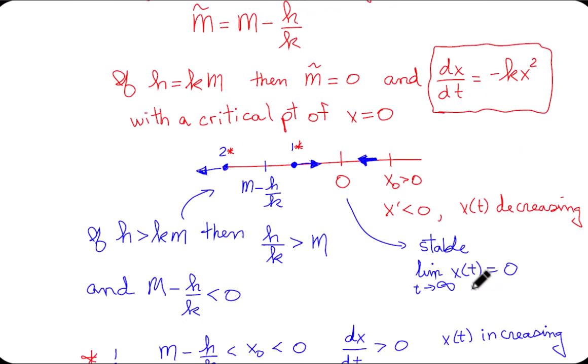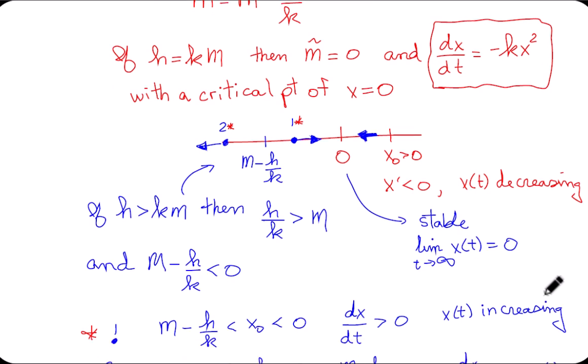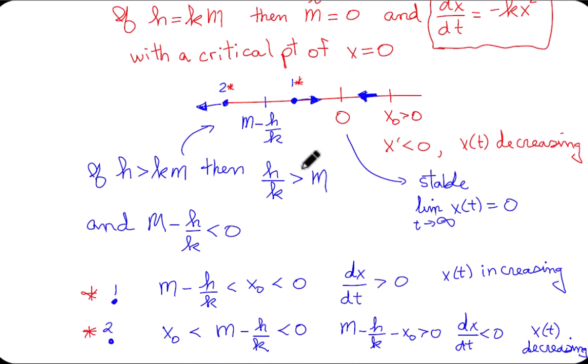Now, what if I pick some conditions here where here is my m tilde, which is m minus h over k, my new carrying capacity that was reduced? What if I pick something bigger than that number but less than 0? Well, in that case, the derivative is greater than 0, and the function will be increasing towards 0.